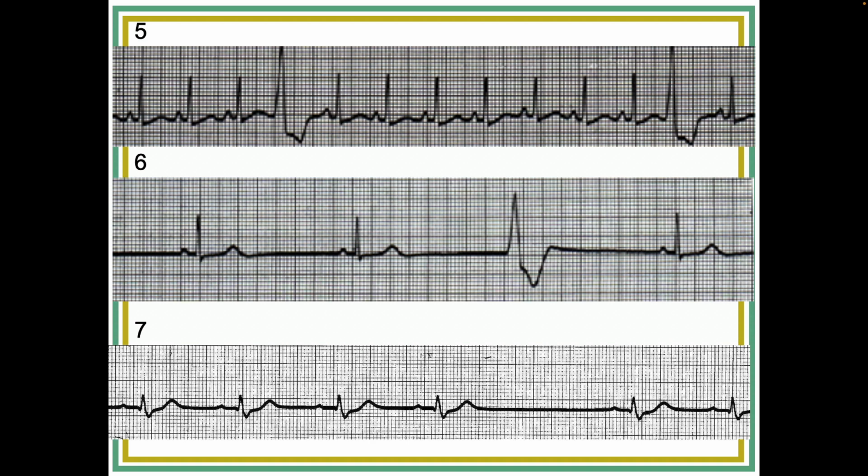And also, if you think about the underlying mechanism, the difference between a premature beat and an escape beat: in this case, this is really, really slow brady, like 35 or something. That's very slow. So it's pretty easy to picture that at a rate of 35, you don't need a pause for the rest of the heart to become irritable. Just that slow rate in and of itself makes the rest of the heart irritable because it's just not getting the perfusion it needs.